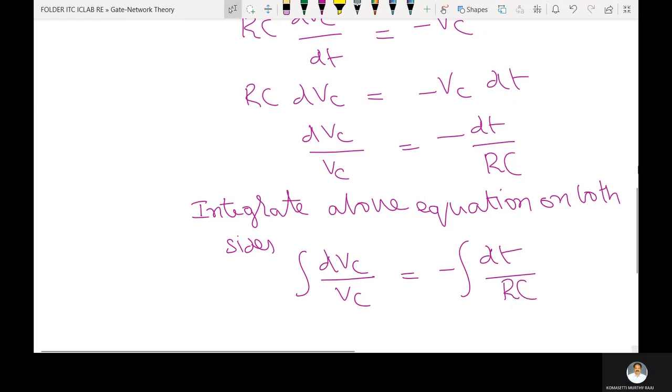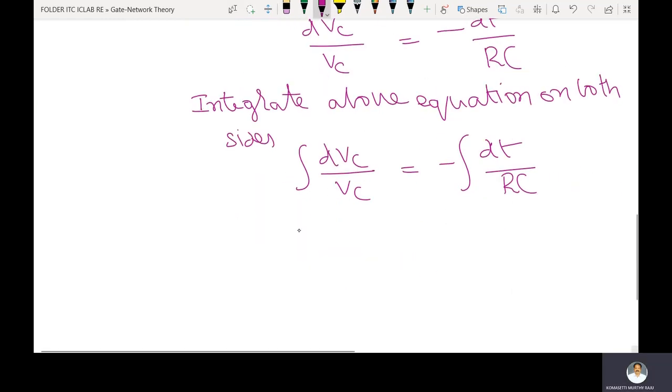We know that the integral of dVc by Vc is log mod Vc, equal to minus t by RC plus some constant C.